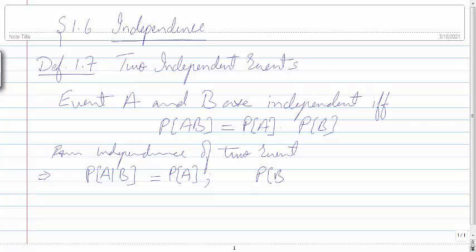Similarly, probability of B given A is equal to probability of B. So this is the first thing that we extract from independence.